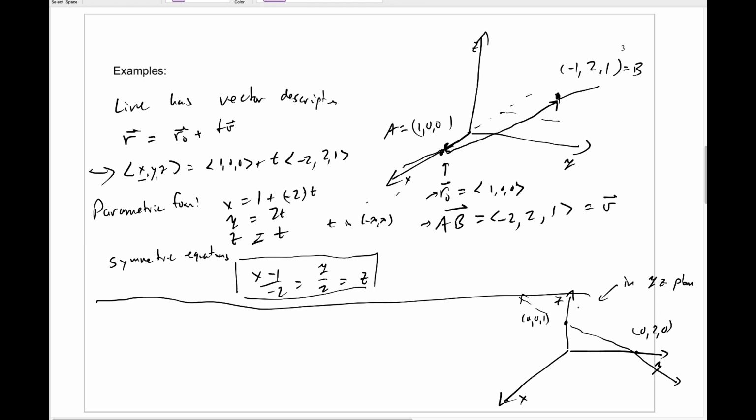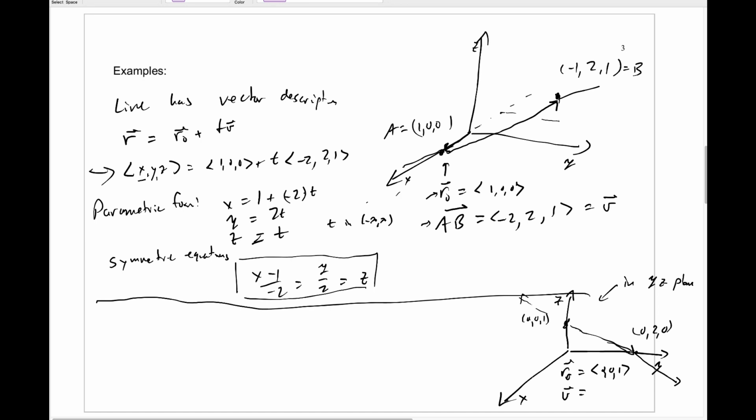Well, we could take any one point on the line as our initial point. We'll take this one, r naught to be the vector 0, 0, 1. That's using our initial point 0, 0, 1. We could have taken the other one, but I'm just using this one. And what will we take for our direction vector? Well, it will be the vector from here to here.